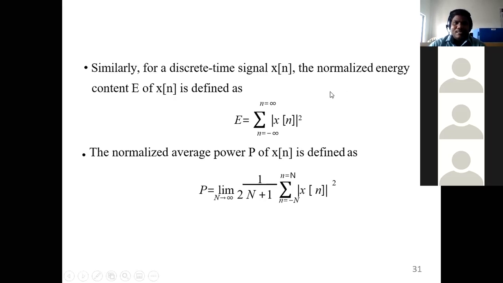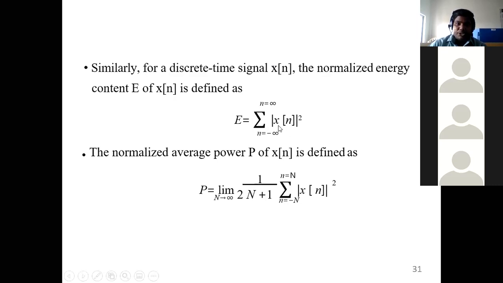The normalized energy E of x of n is defined, where x of n is the input signal in the discrete time domain, as capital E equals the summation from n equals minus infinity to infinity of magnitude of x of n whole square. So in a discrete time signal we introduce a summation.